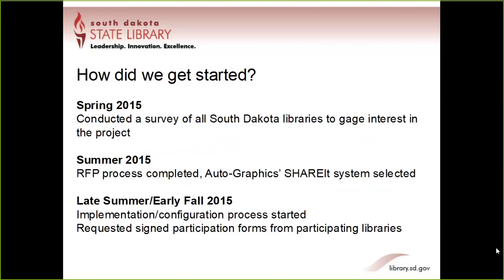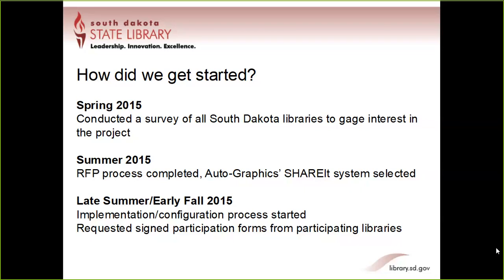So what we decided to do, and remember, this is in the midst of all of these libraries migrating to new integrated library systems. So it's kind of a crazy time for all of our libraries. But this is spring of 2015, so it's about a year ahead of the cutoff date for the migration of the ILSs. So we did a survey, and we asked just simply, if we put a statewide system in place, would you be interested in participating?